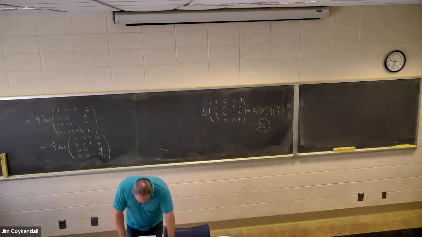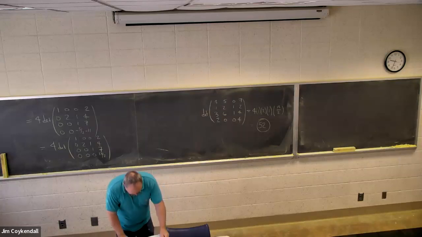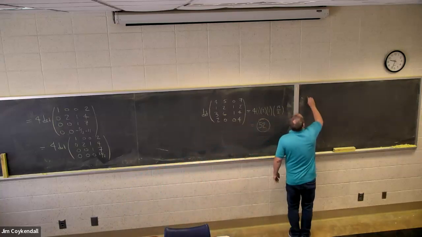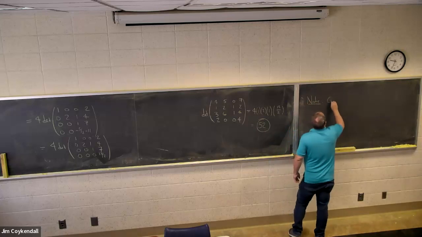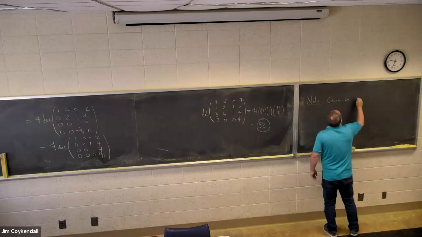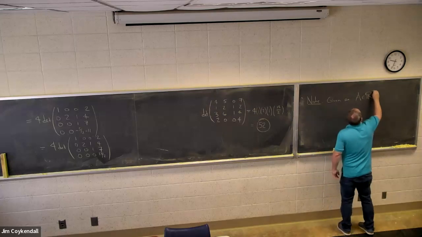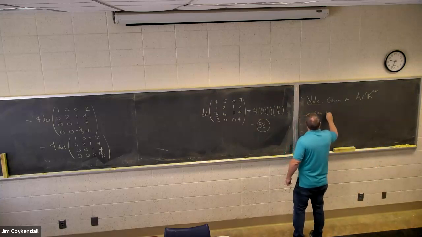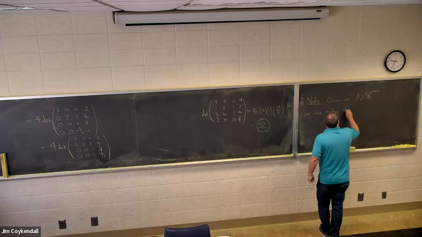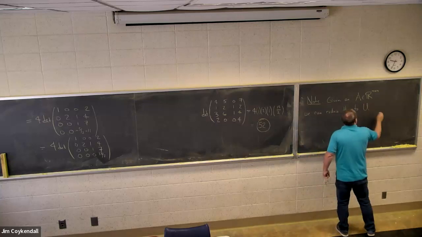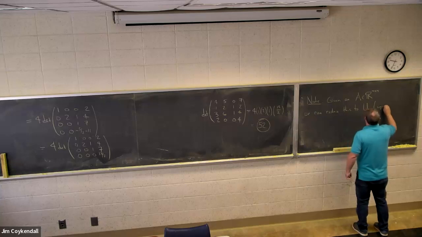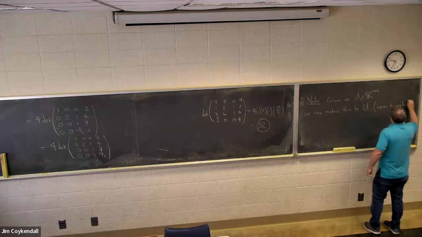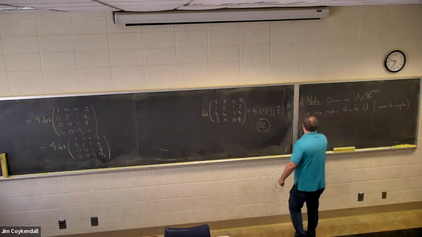So let me make the following note. Given any n by n matrix, we can reduce it to U, upper triangular or lower if you like, via a sequence of row operations.